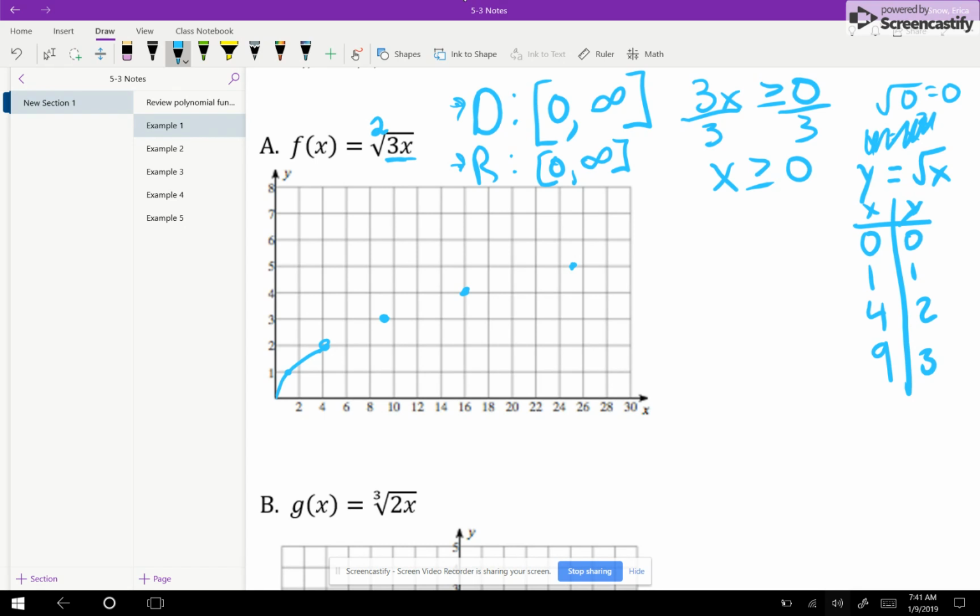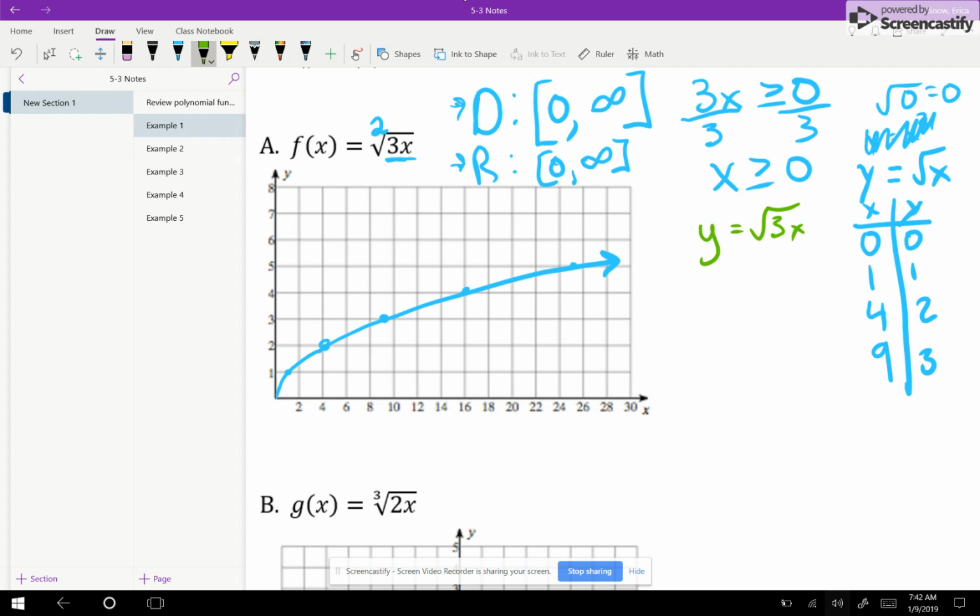As you draw that, you'll see that it looks like just half a parabola. So it's just a half parabola. And we stick that in there, and that's it. So that's what y equals square root of x looks like. So now I'm going to change colors. We're going to do this actual problem, which is y equals the square root of 3x.